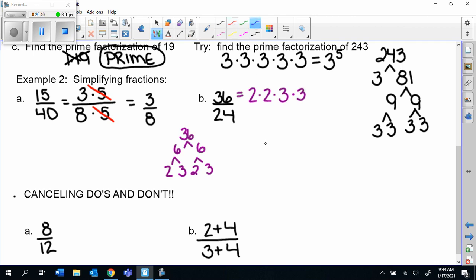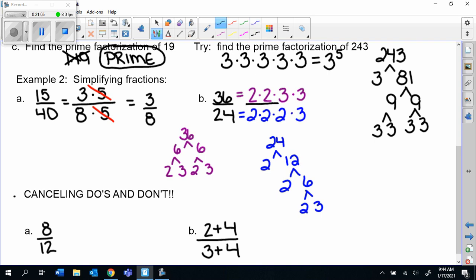And if I switch colors here and do the same for 24, just to illustrate why we learned about that full factor thing, because sometimes you don't see all of those factors. And so 24 is equal to 2 times 2 times 2 times 3.